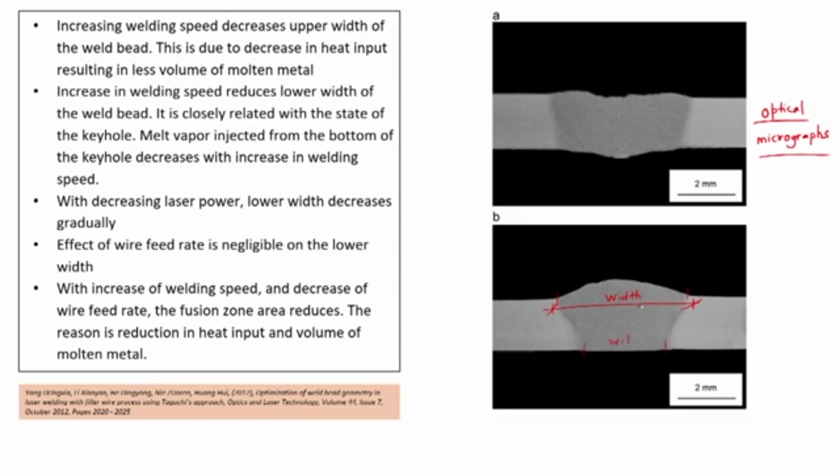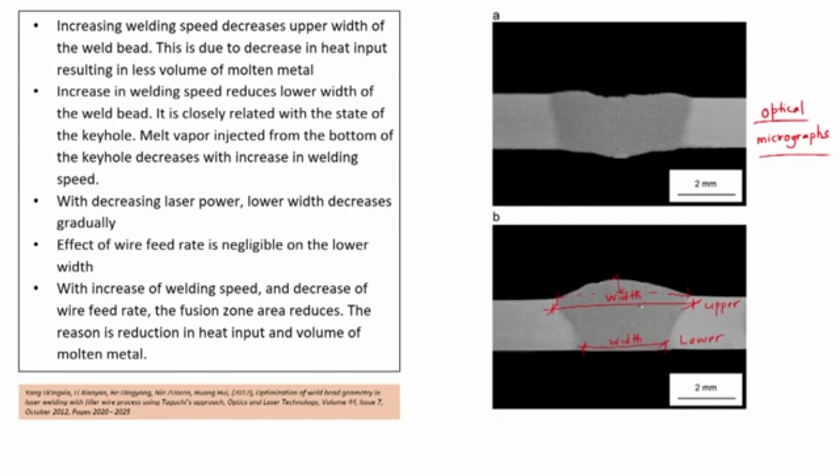So, there are two widths that we can notice. One is at the upper portion of the bead and the other one is at the lower portion. There is some sort of reinforcement that can also be seen. So, this is a reinforcement.